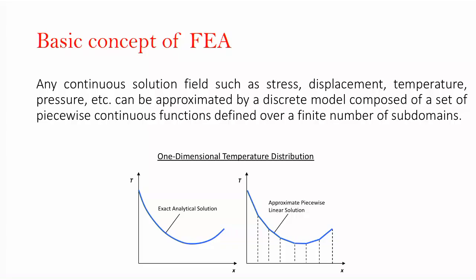Right. So the basic concept of FEA. This is an example. If you look at the left-hand side figure, you can see the analytical solution for the one-dimensional temperature distribution. Imagine that we have a heat exchanger, and we want to know how temperature varies in one dimension, within the x-axis.